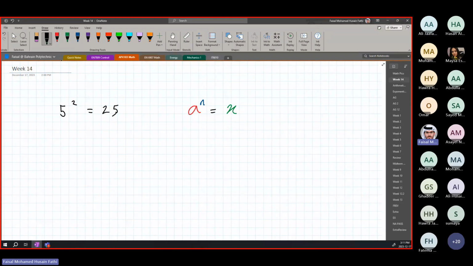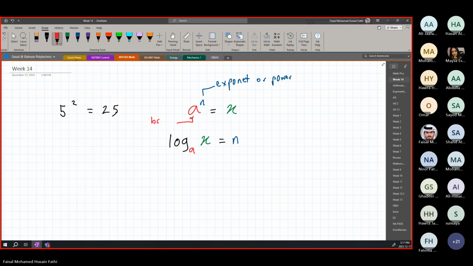If we want to rewrite it in log form, you could say the log of base a of x is equal to n, where n is the exponent, or power, a is the base, and x is the solution.